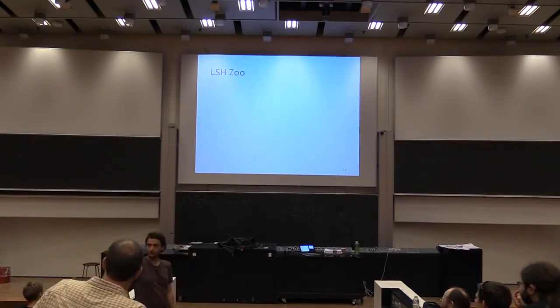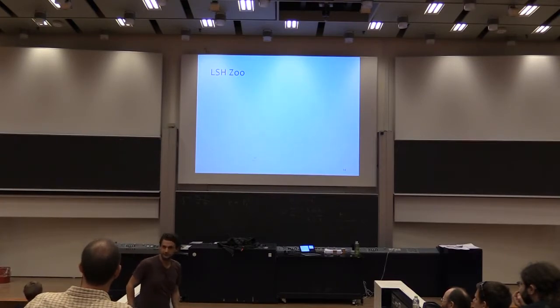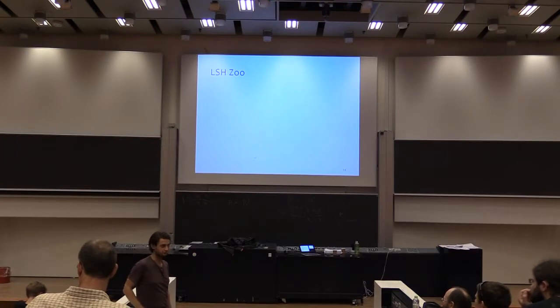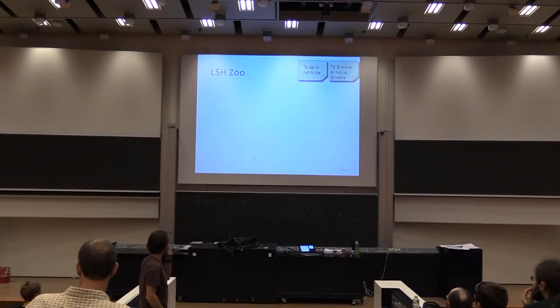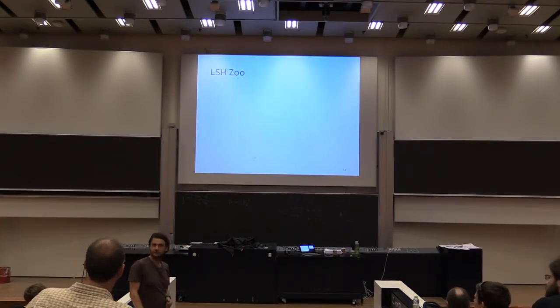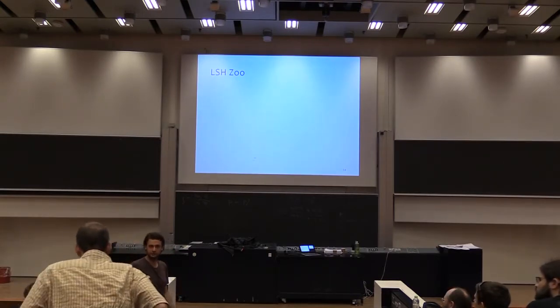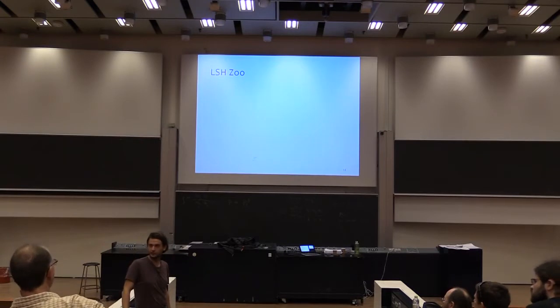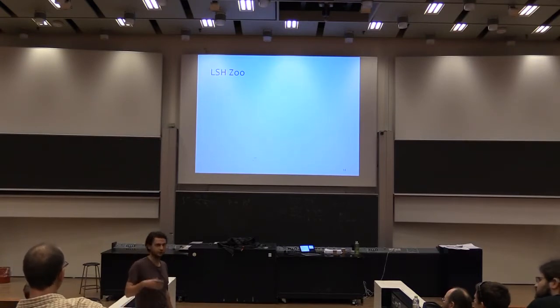So actually, there's a bunch of LSH functions that have appeared in the meanwhile, right? Some of them, as I mentioned yesterday, we want to solve nearest neighbor search under different situations. We have usually these high-dimensional points that are embeddings of different objects like documents or music snippets, right?